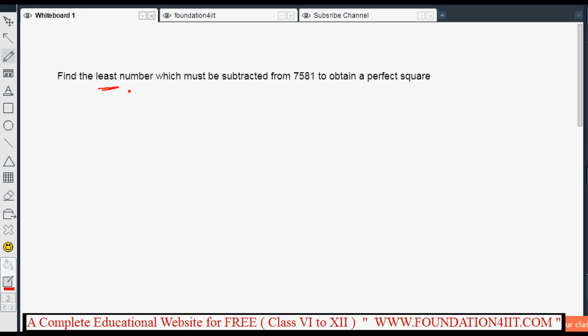Find the least number. The important thing is least number. It must be subtracted from 7581.